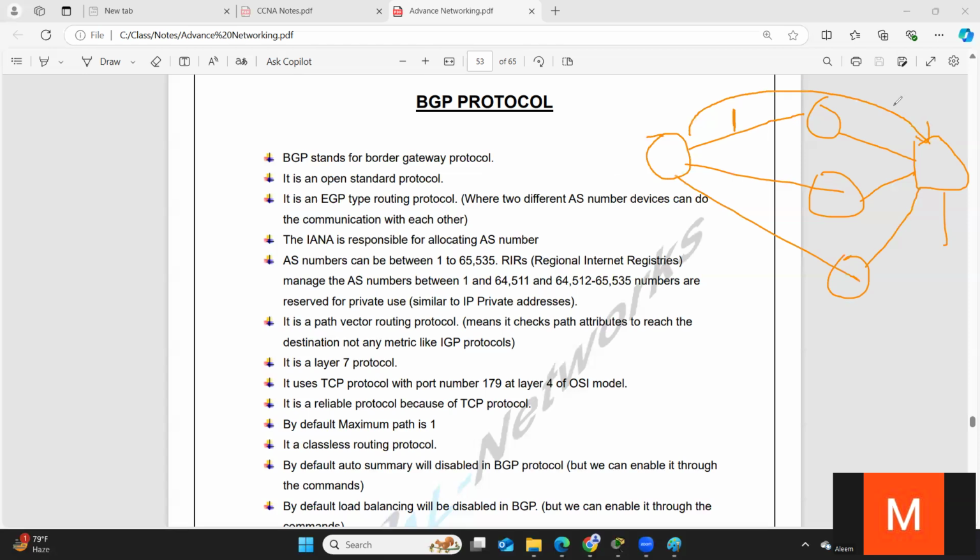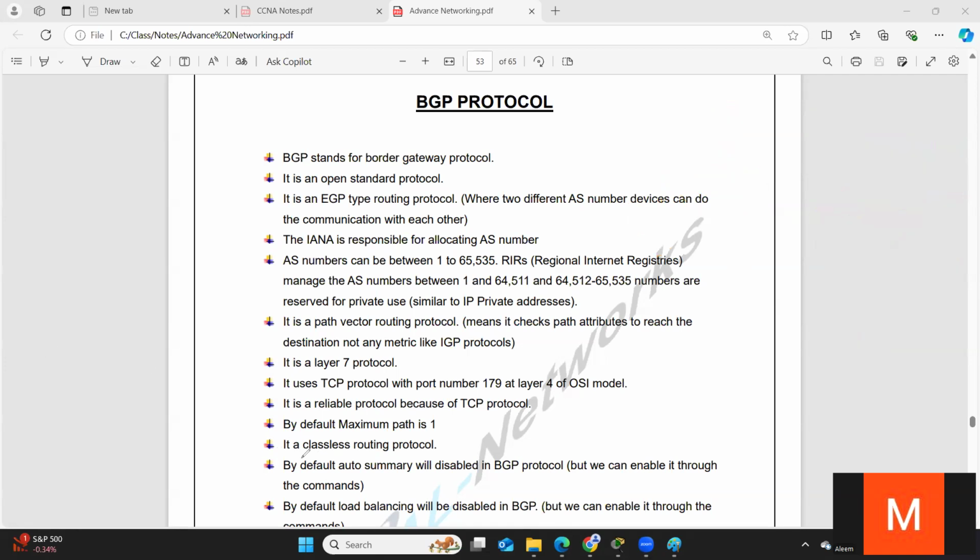Based on the path attribute, it will select the best path. From source to destination, it will use only one path. But IGP protocols maintain up to four paths in the routing table. BGP maintains only a single path.